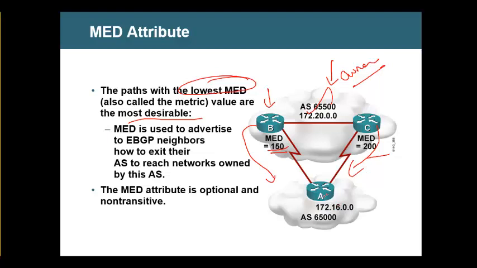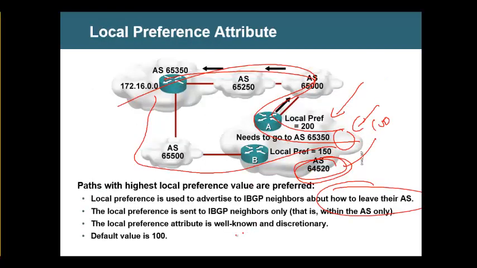A, on receiving this, decides to go this way because the lowest MED is preferred. Whereas local preference default is 100, and the highest value is preferred. Highest local preference is preferred. Don't forget.